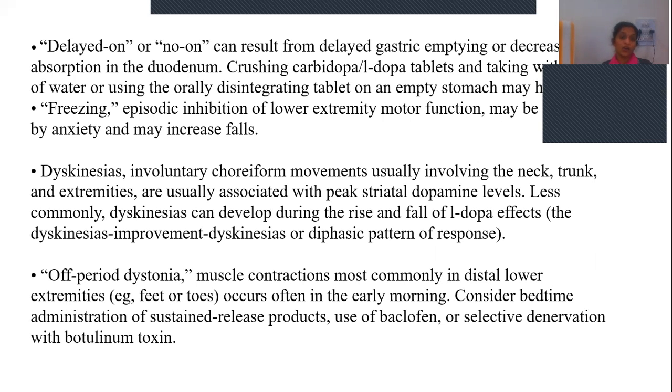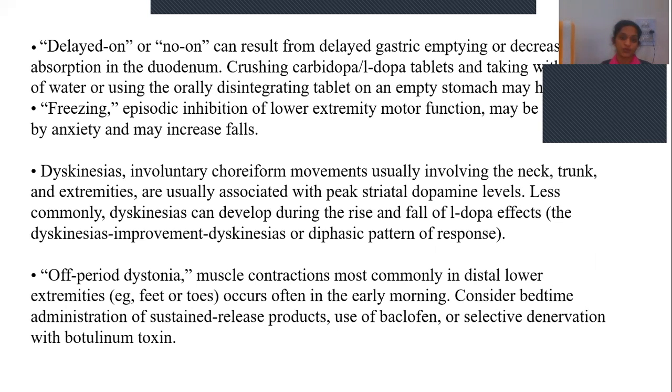Delayed on or no on can result from delayed gastric emptying or decreased absorption in the duodenum. That means the drug we have given is not properly absorbed, so the effect will be very much delayed, or sometimes there will not be any result.